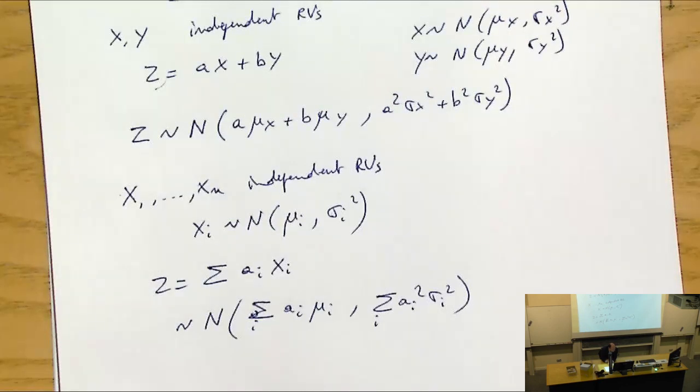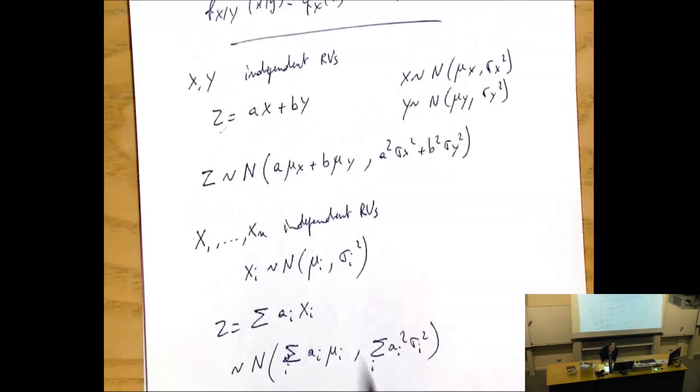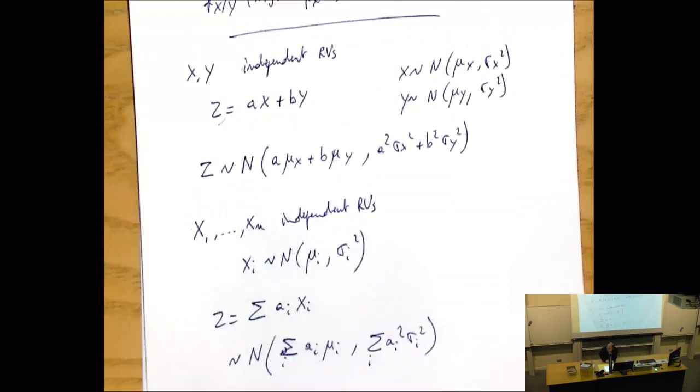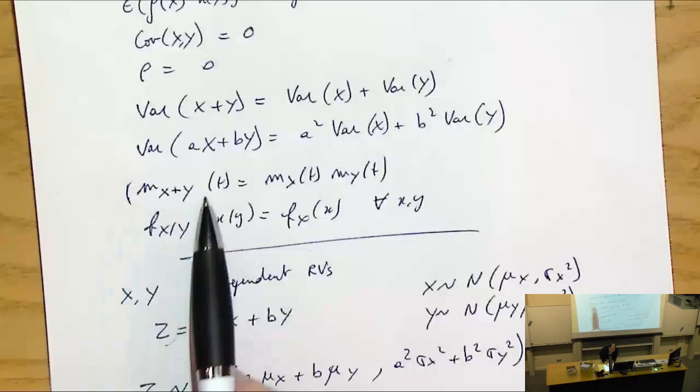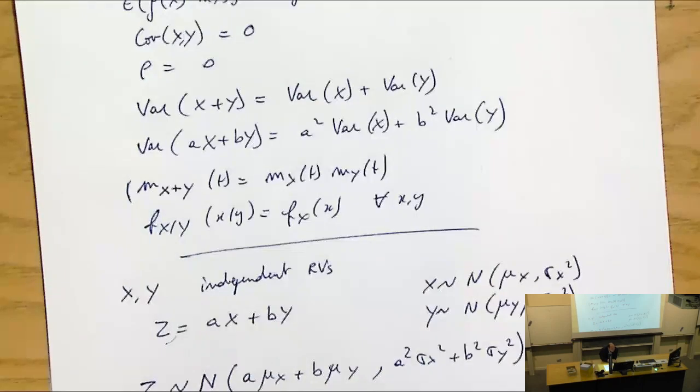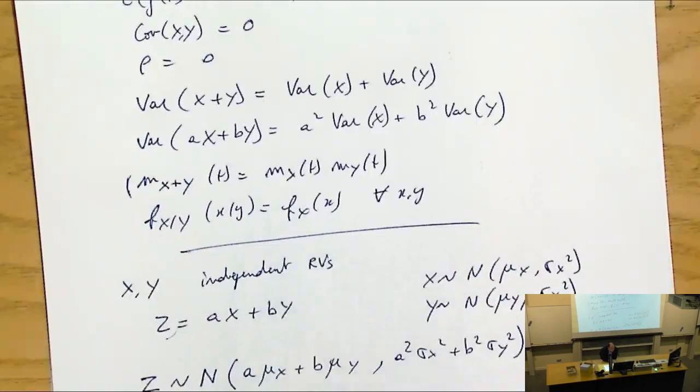Okay? You can show this exactly in the same way as what we did last week. It also relies on writing the moment generating function of a sum of n random variables as the product of the moment generating functions.